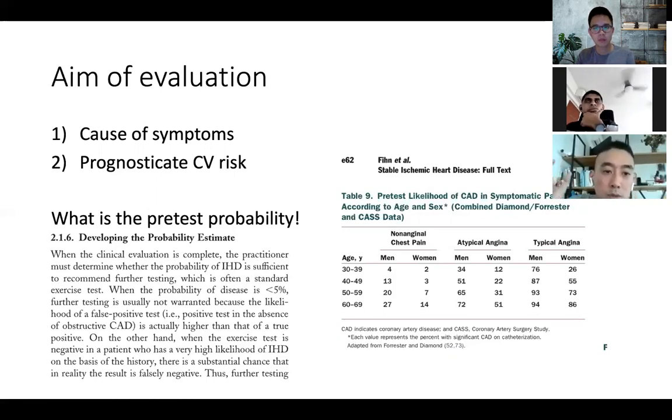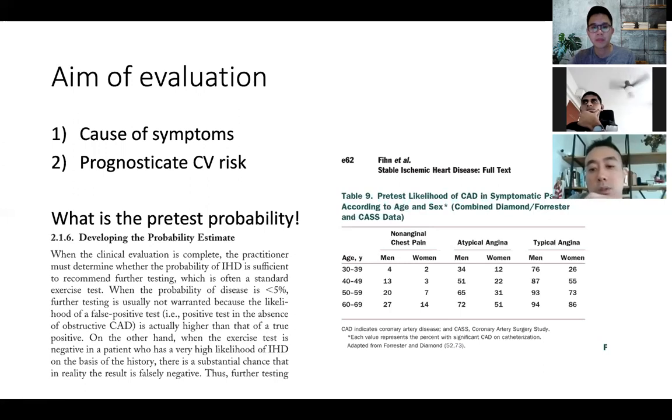I think it's important to remember about pretest probability. This is from the ACC guidelines. If your pretest probability is less than 5%, then usually further testing is not warranted. If you look at this chart which they put against the age, you will notice that in younger patients, if they have atypical pain, the pretest probability is already very low.